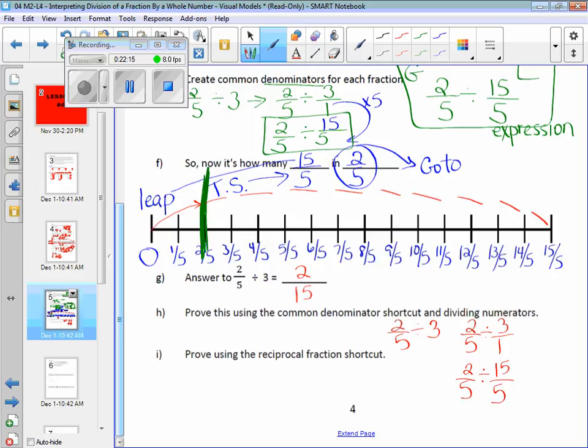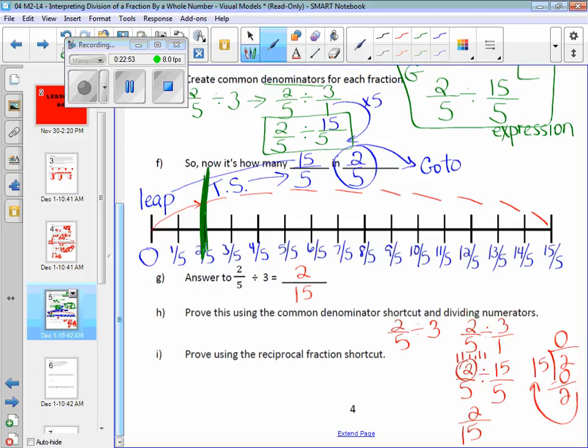Now remember, when you go across, which number goes inside the house? It's getting rained on. The first number is getting rained on. So it becomes this. Right? Can 15 go into 2? Nope. 2/15. That's your common denominator way.